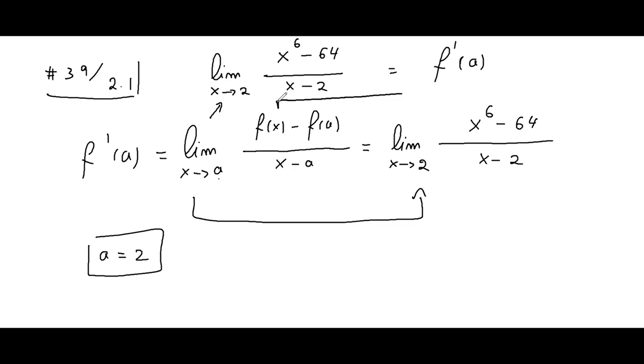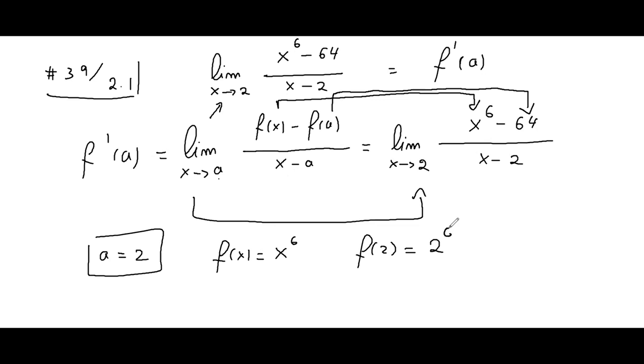I also identify f of x with f of x equals x to the 6th. And I only need to check that f of a, which is f of 2, is 64. Is f of 2 equal to 64? Yes, it's 2 to the 6th, and that is indeed 64.